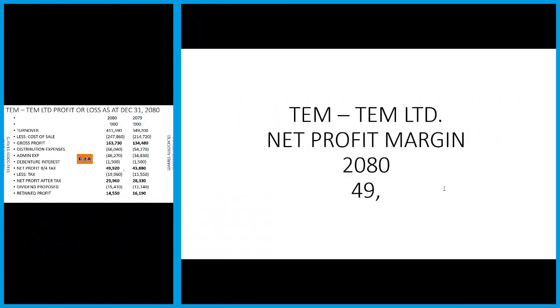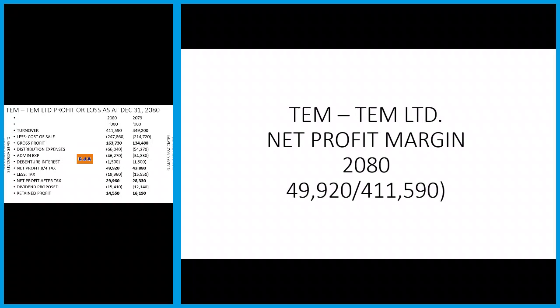We have 49,920 divided by our margin for the year, which is 411,590. I'm going to leave the other year for us to try and do. Don't forget, everything will be multiplied by the percentage to bring it into 100%. Then we close up this.